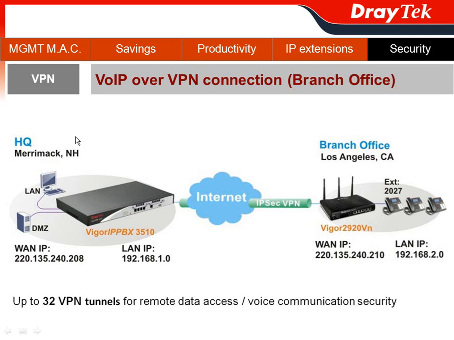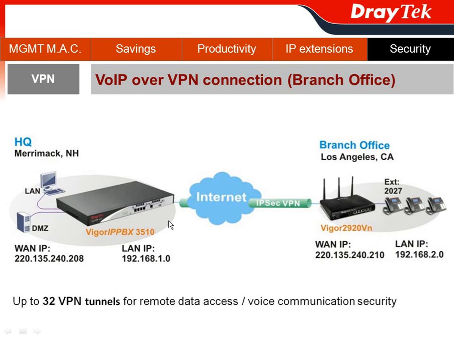In this scenario, one company has headquarters located in Merrimack, New Hampshire, and one branch located in Los Angeles, California. They would like to establish an IPsec VPN LAN-to-LAN connection to secure the data transmission between headquarters and branch office.